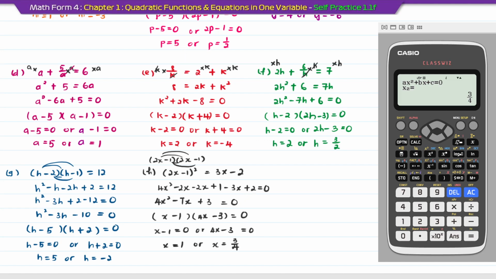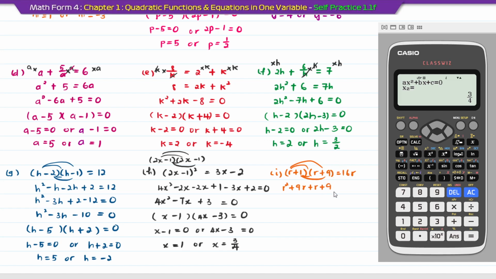Now move to the last one, which is question I. So (r + 1)(r + 9) equal to 16r. For the first part, the same thing, you need to do the expansion. So you're going to get r squared, then plus 9r plus r plus 9, right?